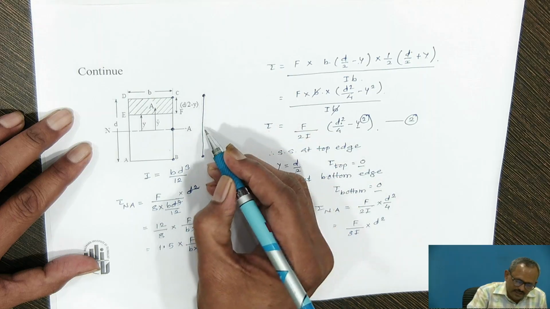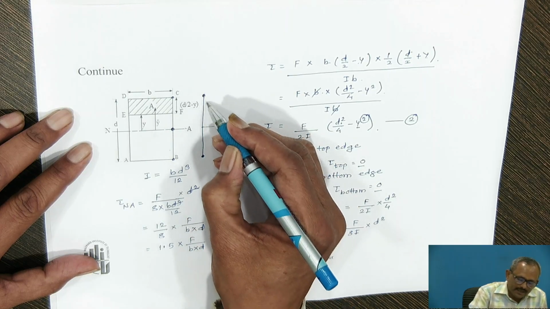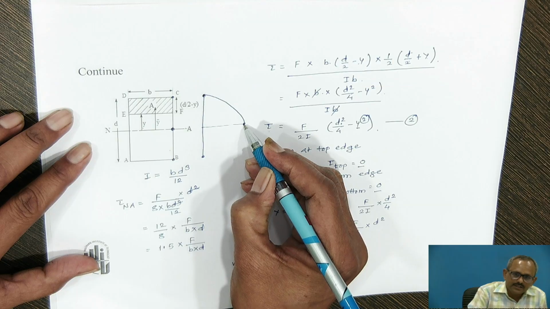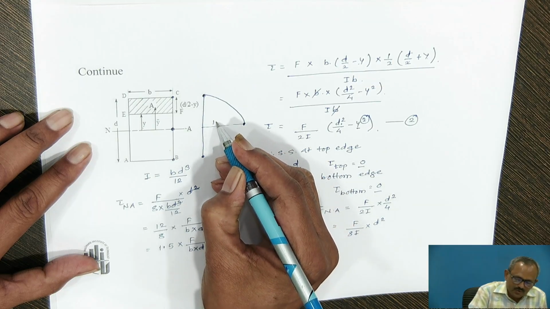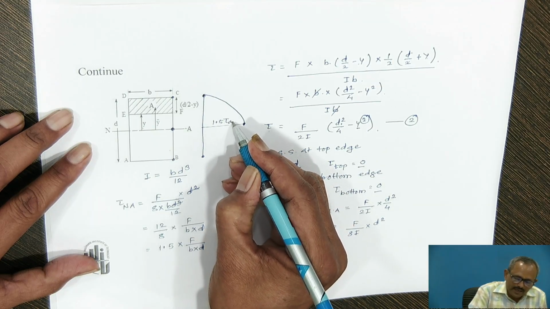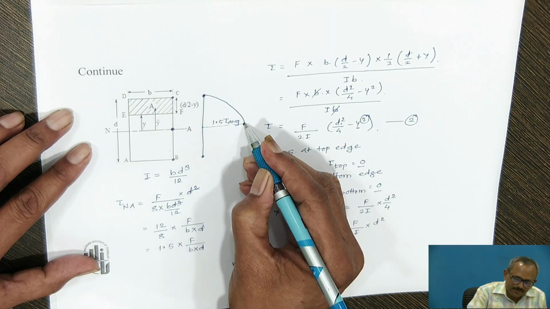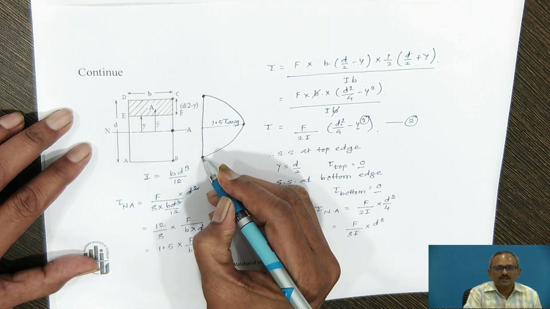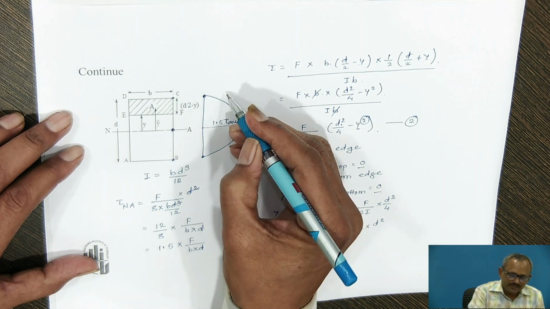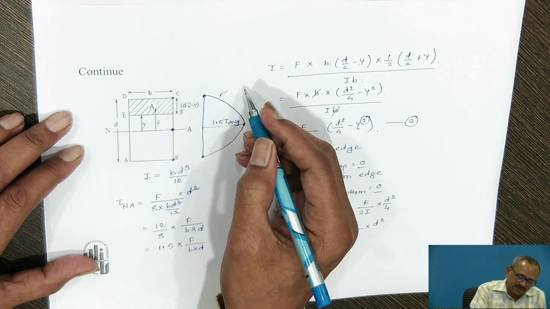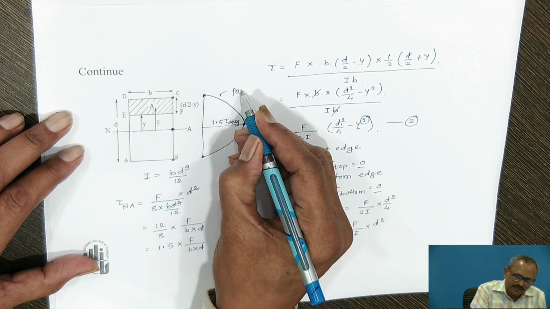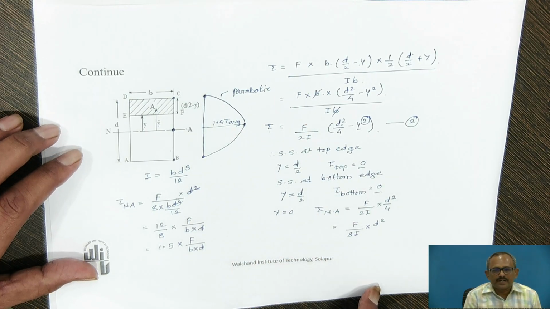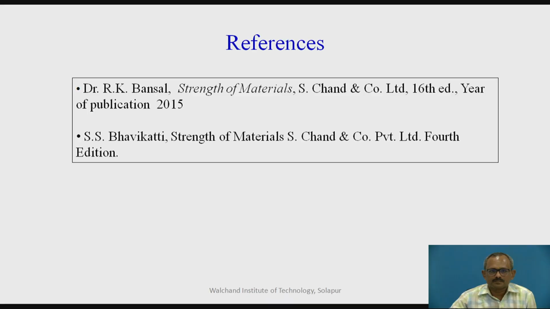From 0 at the top edge, the shear stress goes on increasing and is maximum at the neutral axis, and that is 1.5 times the average shear stress. From its maximum value it goes on decreasing to 0 at the bottom edge. So shear stress varies according to a parabolic curve across the depth of the section.